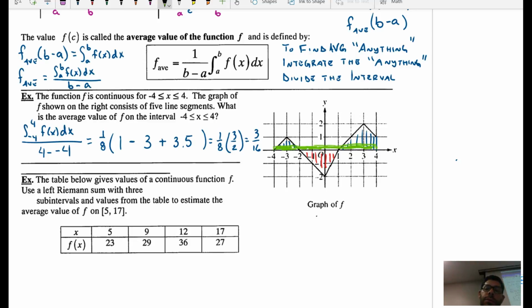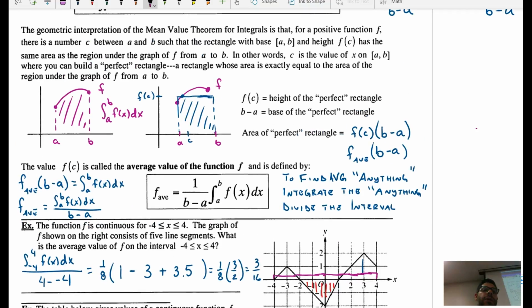Because the idea that we started from was taking that area under a curve and reforming it into this rectangle that had the same base and the same area.